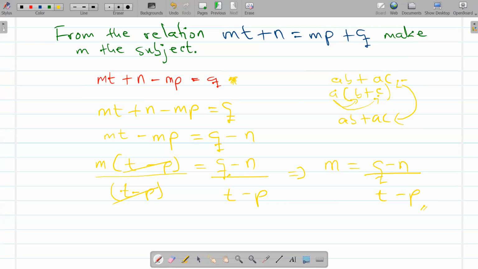Is it okay now? Okay, good. So you understand that principle? In a situation where they give you something like what we did here, it can be expanded to get this.